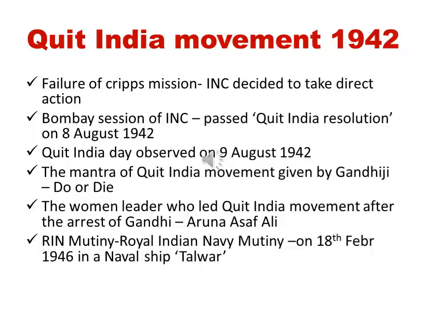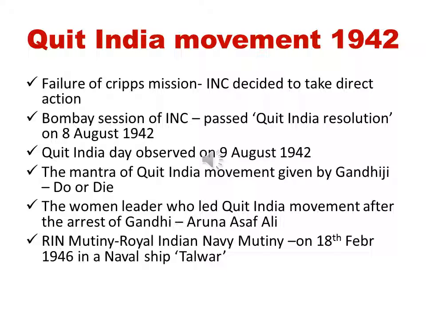After the failure of Cripps' mission, Congress decided to take direct action to compel the British to accept the Indian demand for independence. The Indian National Congress, which met at Bombay, passed the historic Quit India Resolution on 8 August 1942. So it was the Bombay session which passed the Quit India Resolution on August 8, 1942.